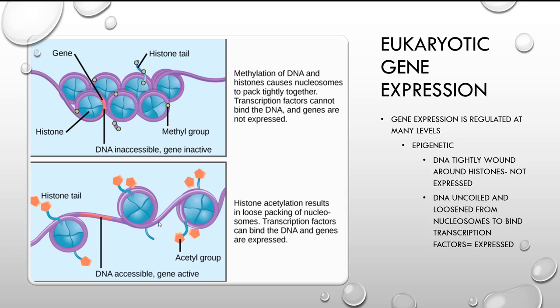Okay. So that is one way that we can get the DNA to be expressed. So at the epigenetic level, so around the genes, it's loosening up. When it's tightly packed, there's no way that we can express the genes.